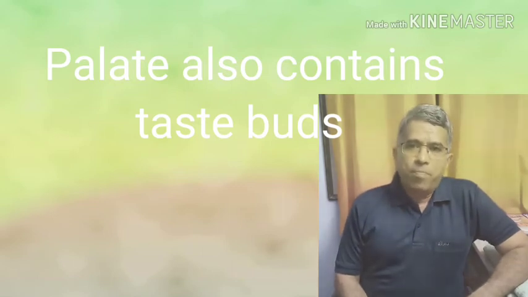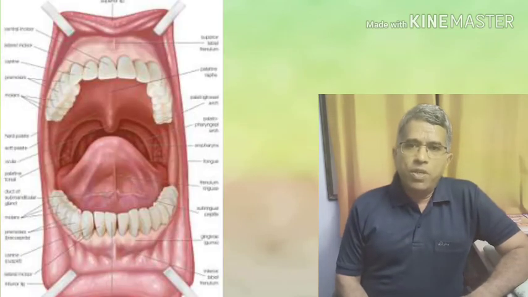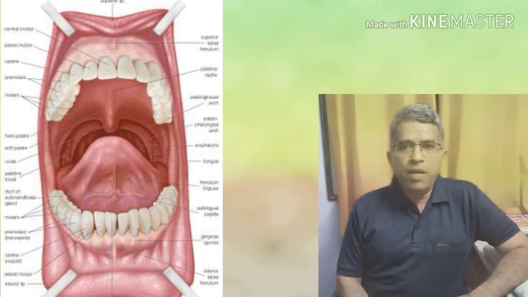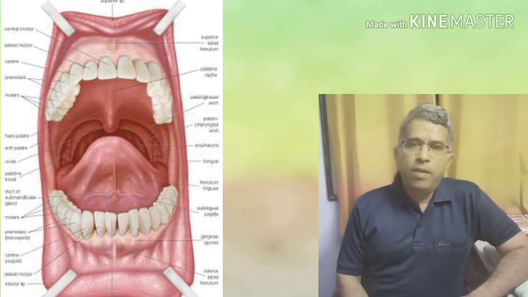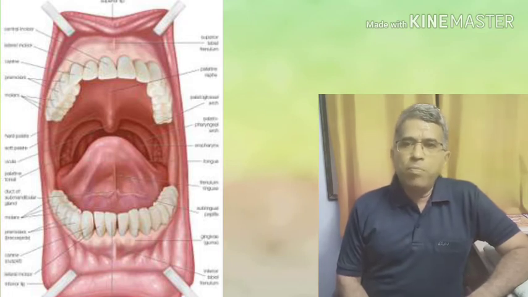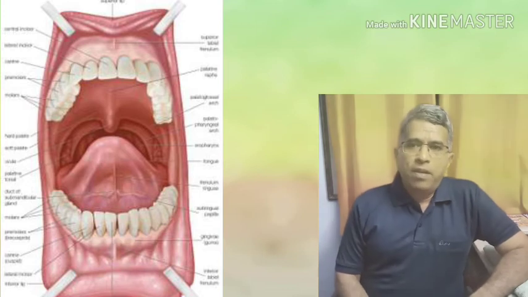Coming to the tongue. Tongue is a fleshy structure, muscular structure. It is called intrinsic muscle and it acts as a natural toothbrush. In case of human being, it contains 3 papillae that contain taste buds, namely circumvallate papillae, filiform papillae and fungiform papillae.